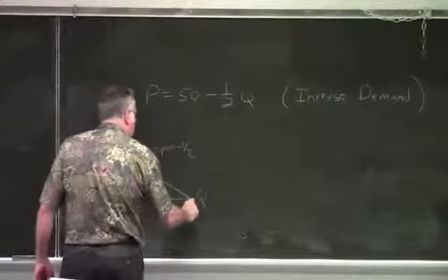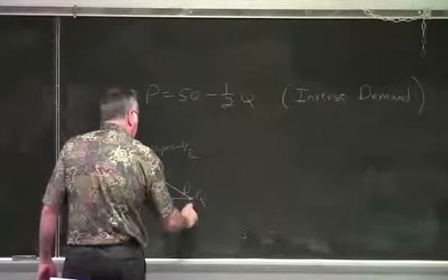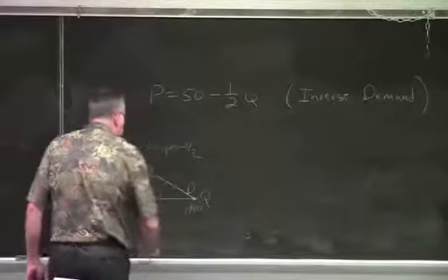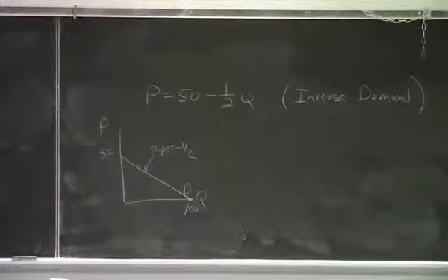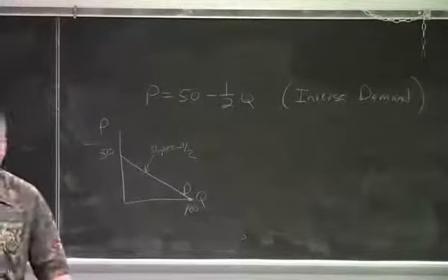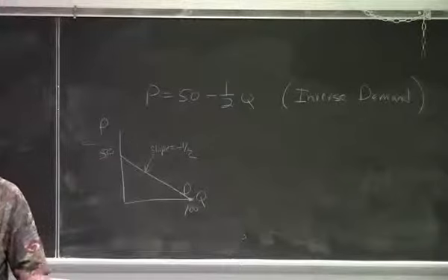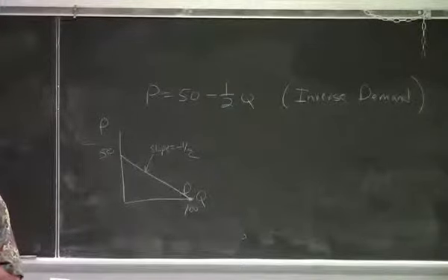So it crosses down here at 100. The monopolist can charge any price he or she likes. Then consumers will decide how much to buy. If this monopolist wants to maximize its revenue, what price should the monopolist charge?